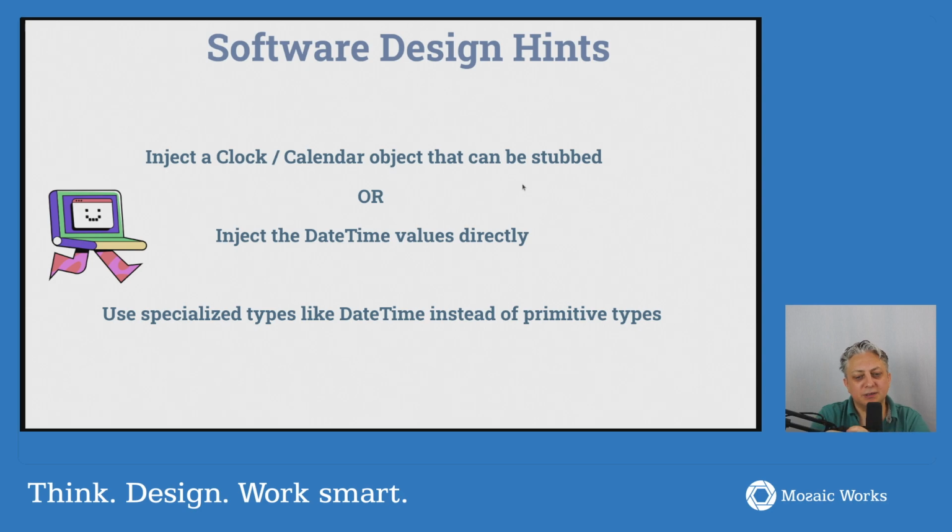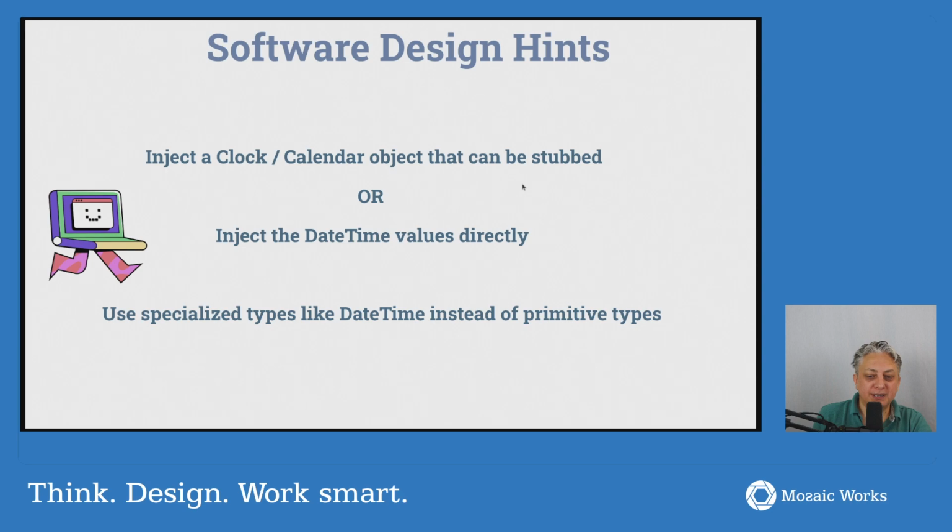It's quite simple to just inject the values directly. But maybe sometimes you cannot do that, or you prefer the other way around. Fine, both work. The goal of these things is to allow you to test your algorithms using different values for date time, which include these weird values that only come every 4 years or every 400 years or so.